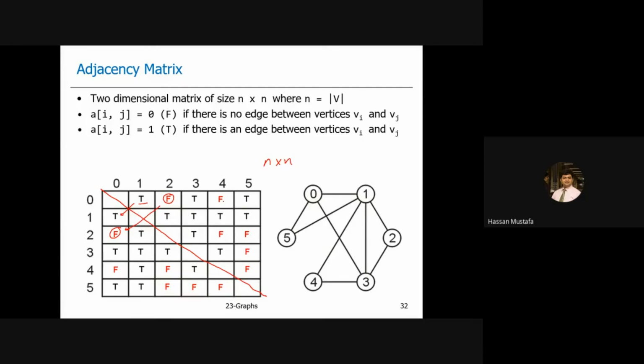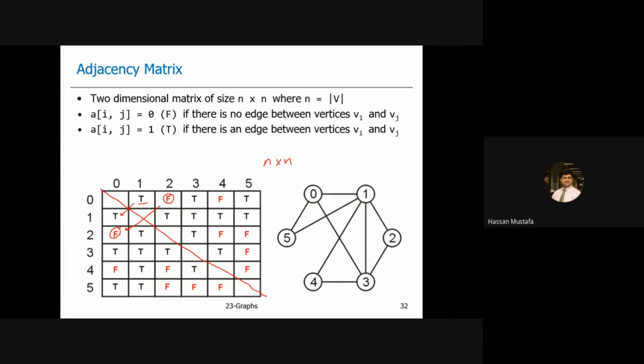So there is no edge between 0 and 2, and no edge between 0 and 4, so I store a false here. Okay, so that's how we store a graph in an adjacency matrix.